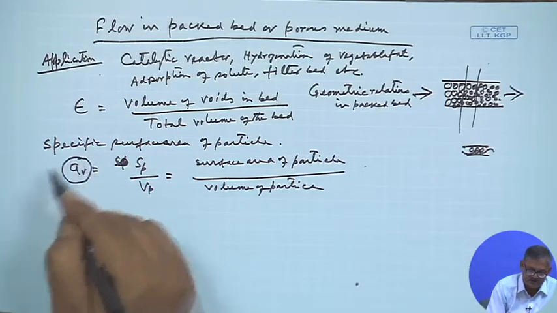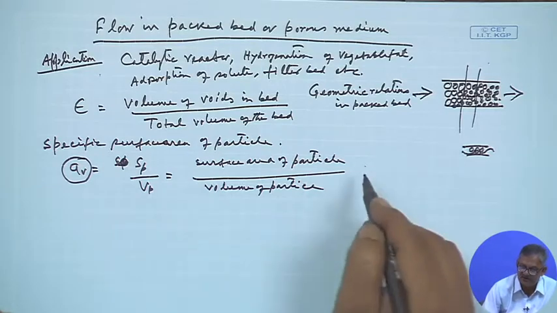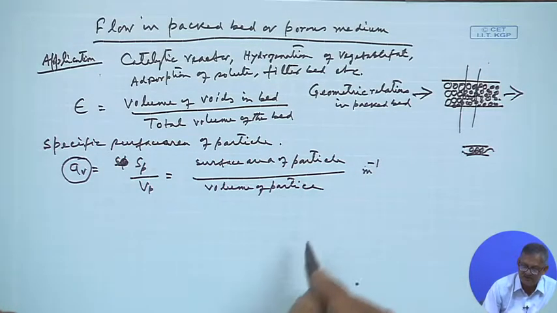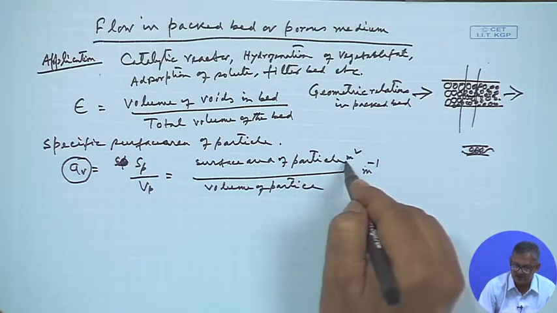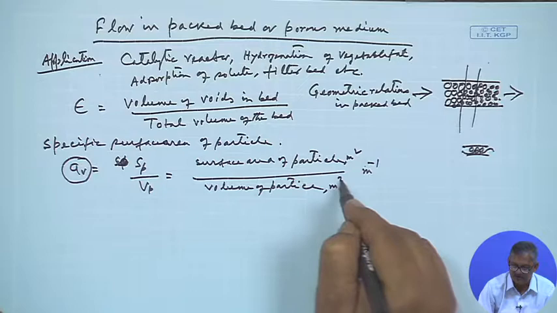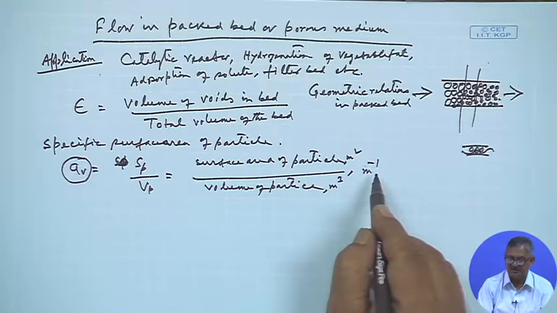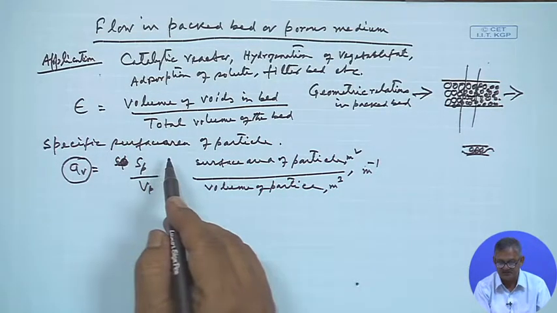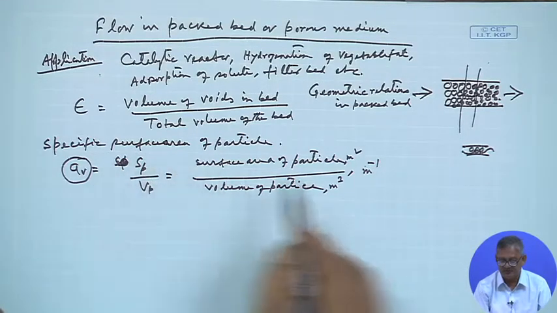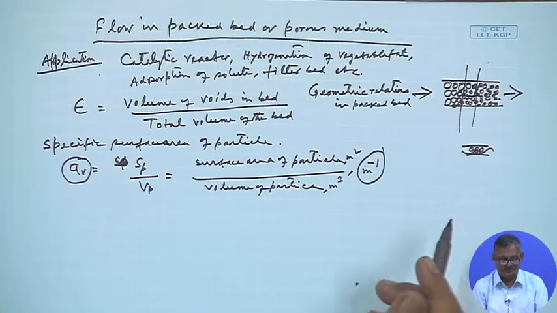So, this specific surface area of particle to volume of particle, that means it has a unit of meter inverse, right. So, this is in meter square, this is in meter cube. So, the AV comes to be meter inverse, right. So, we call specific surface area, but since it is specific surface area, that is why its unit is meter inverse, right.